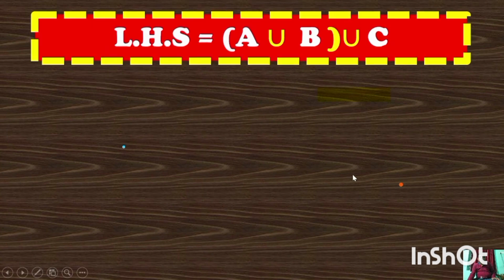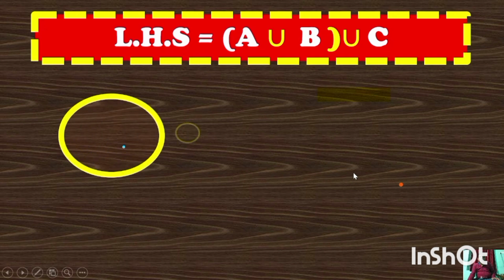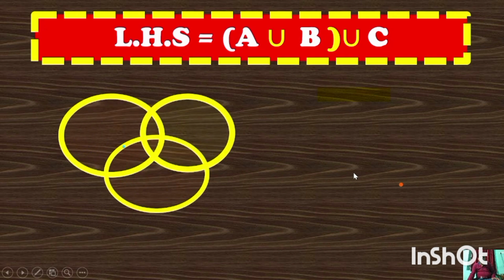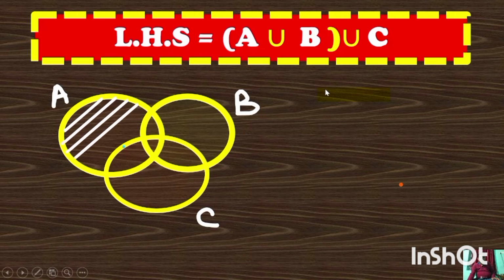Thus A ∪ B, for (A ∪ B) ∪ C. First you have to take A ∪ B, which means all the elements of A and B. Take the shaded portion of A ∪ B, all the elements of A and B.